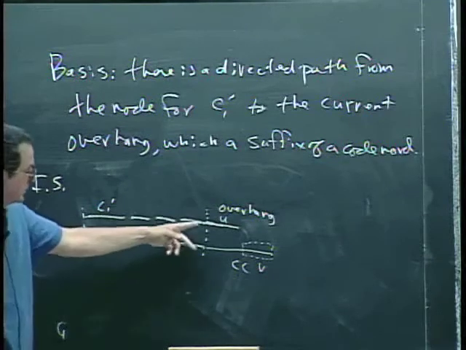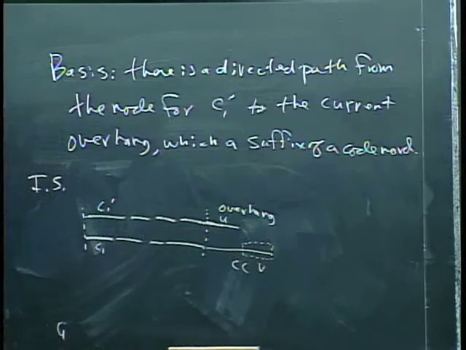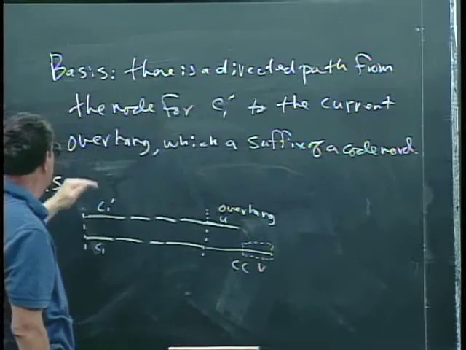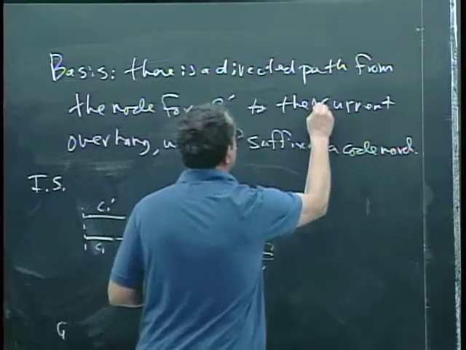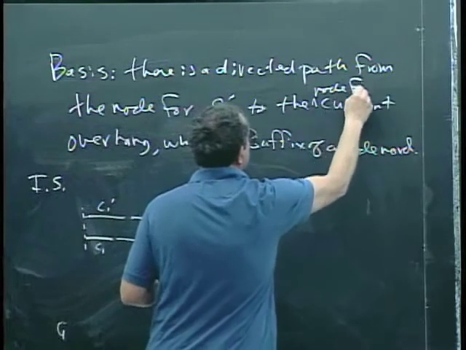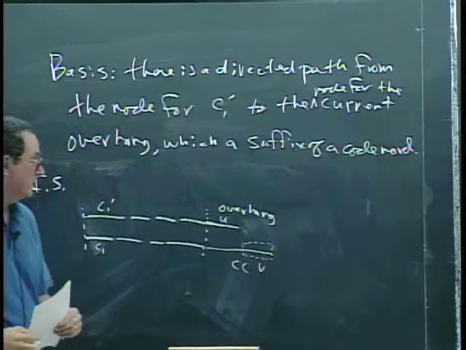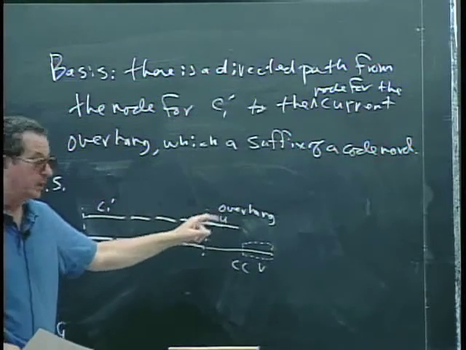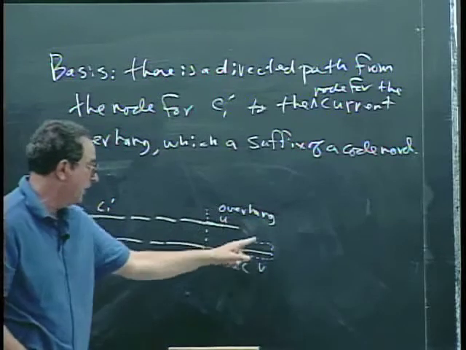Now, remember, inductively, we have a directed path from the node representing C1 prime to the node for the current overhang. So the current overhang here is U. And here's the new code word CC, and a new overhang V.